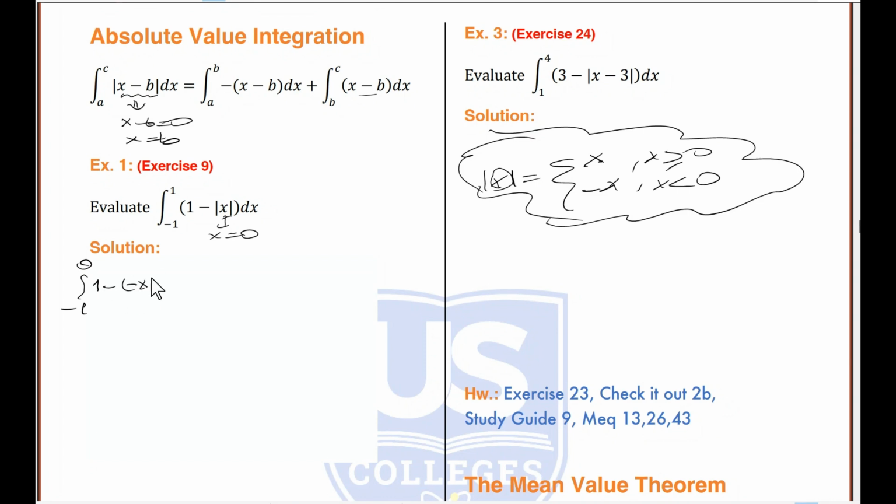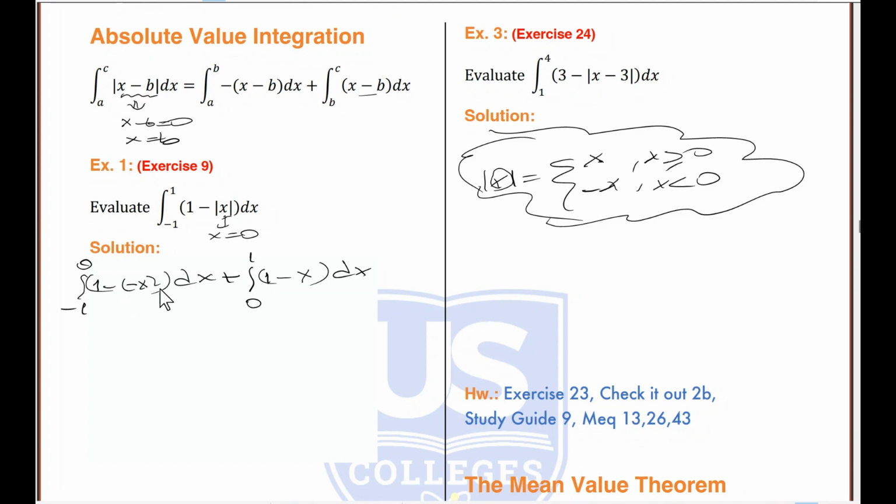So it will come out as negative x dx plus integral from this critical value, 0, to the upper bound. When you pick a number more than 0, it will make inside positive. So absolute value x will come out as it is, dx. So this is how I will break this integral into two parts and evaluate.